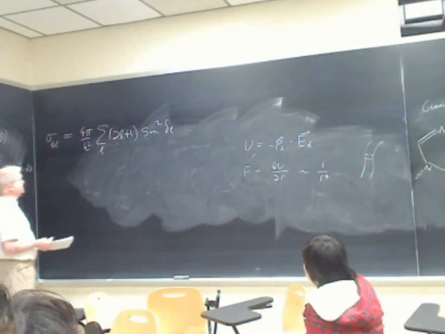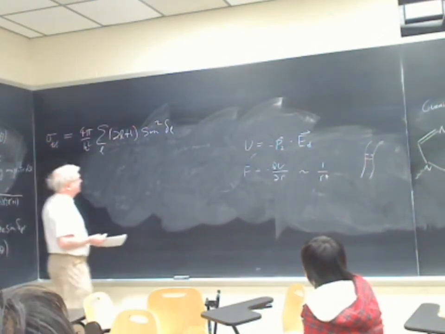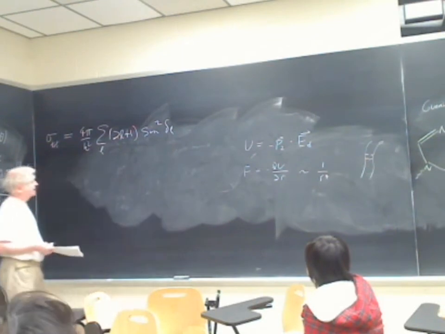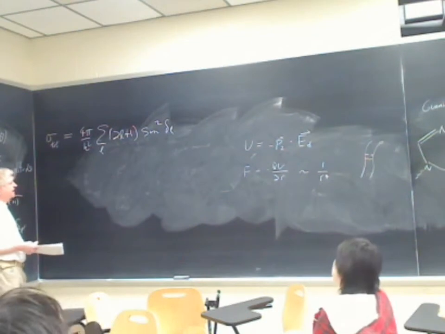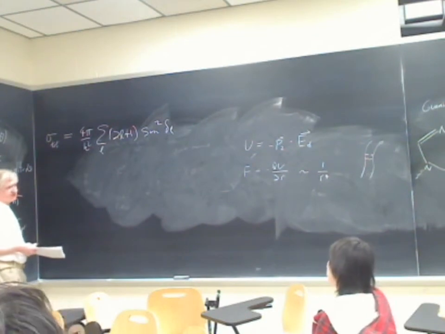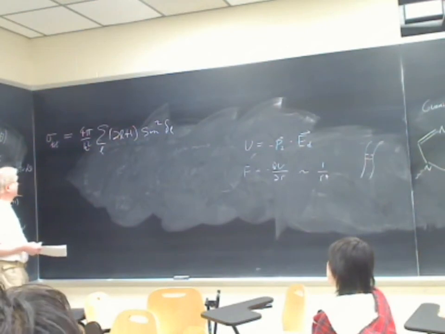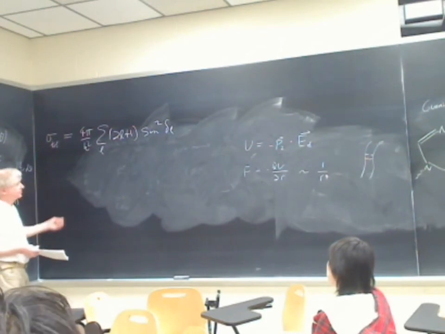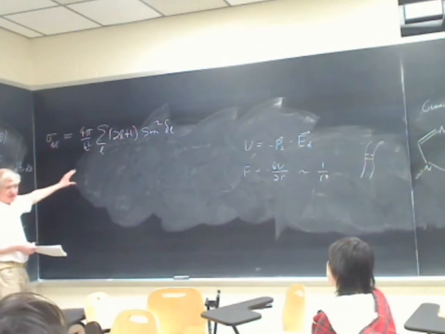You can also see that the maximum value of sine squared delta L is when delta L is pi over 2. And in that case, sine squared delta L is 1. And if they were all pi over 2, then it would be a completely divergent sum.